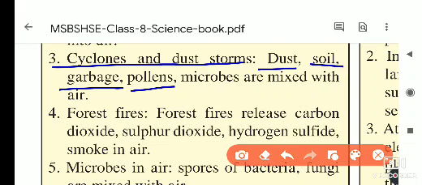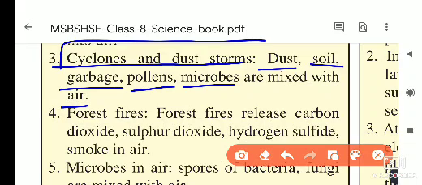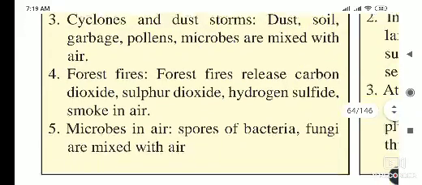Pollen grains of trees and flowers, microbes, and microorganisms are mixed with the air due to the cyclone and the dust storm. And that's why the cyclone and dust storm also cause air pollution, and this is also a natural reason of air pollution.